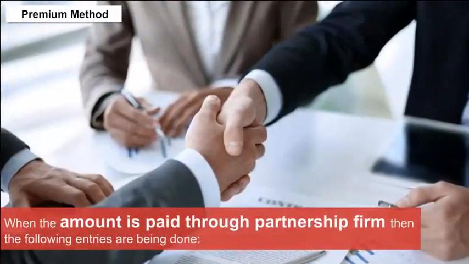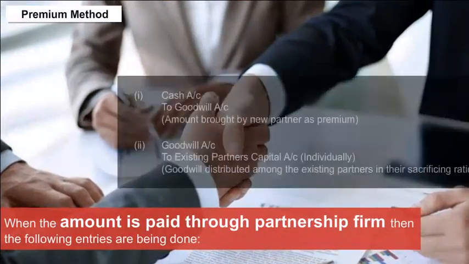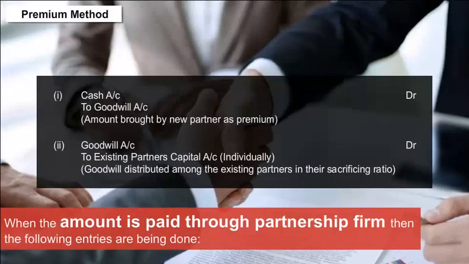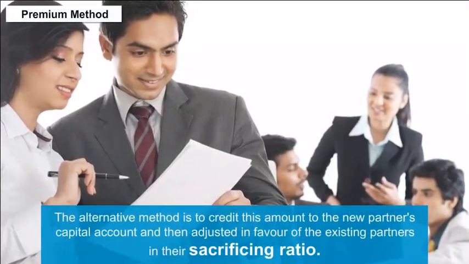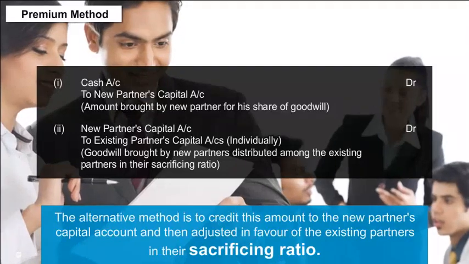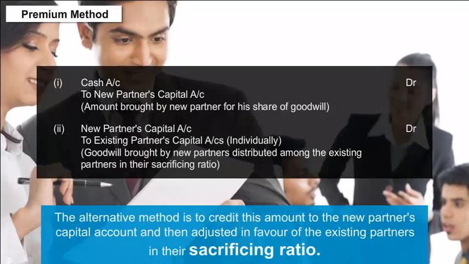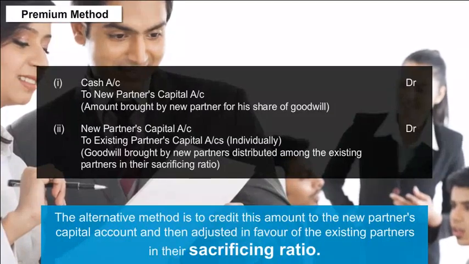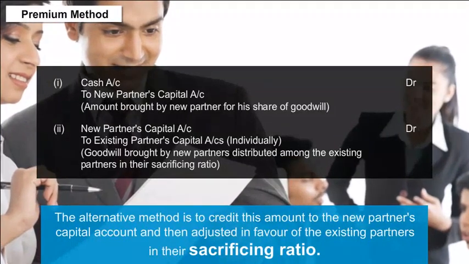But when the amount is paid through the partnership firm, then the following entries are made. The alternative method is to credit this amount to the new partner's capital account and then adjust it in favor of the existing partners in their sacrificing ratio.